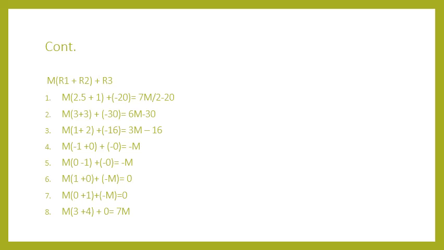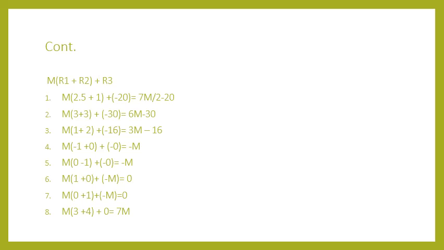The result would be 3.5 M negative 20. 3.5 is 7 over 2, so it is 7M over 2 negative 20. For x2, M times 3 plus 3 is 6M negative 30, and 3M negative 16.